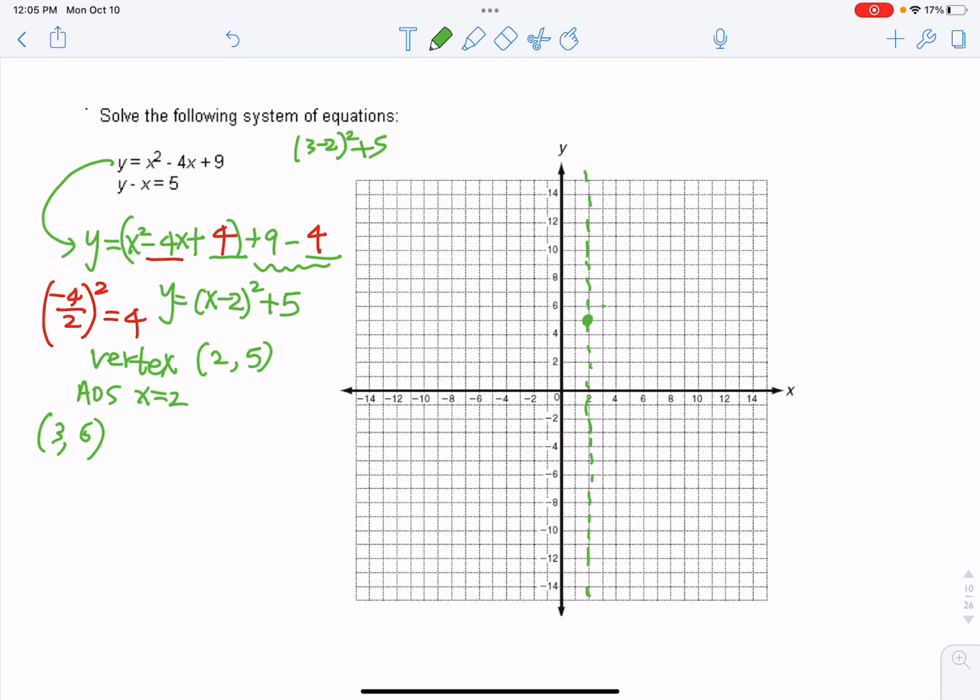So (3, 6), and then another point here. And if I plug in 0, 0 minus 2 squared is negative 2 squared, which is 4, plus 5, 9. So (0, 9), with another point here. So we can graph it here like a U shape.